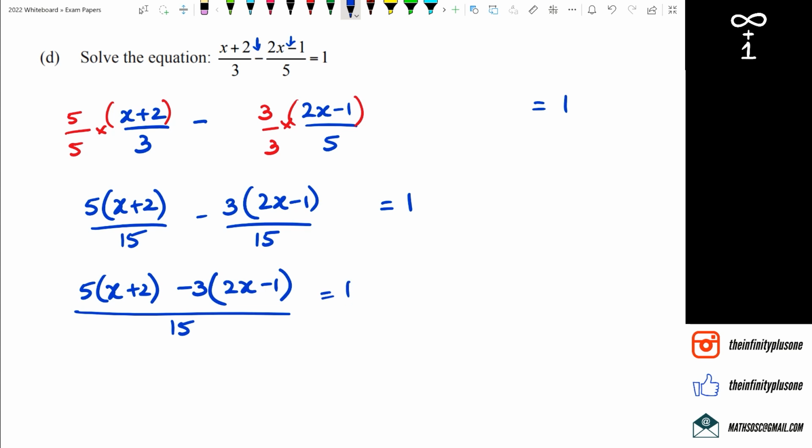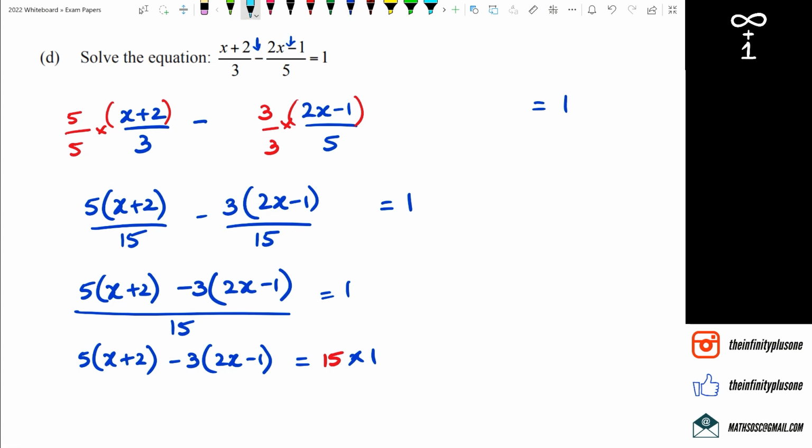All right, let's get rid of the denominator and move it to the other side. So we've got 5 bracket x plus 2 minus 3 bracket 2x minus 1 equals 1 multiplied by 15. Well, 1 times 15 is just 15. Now we're going to expand the brackets.